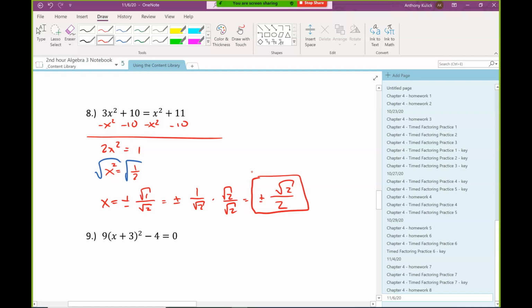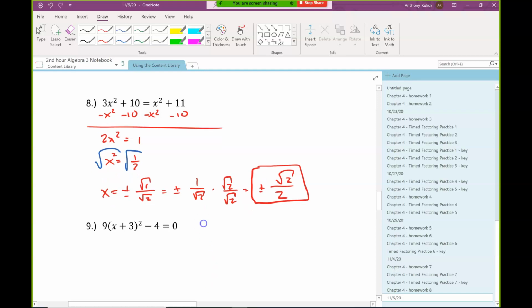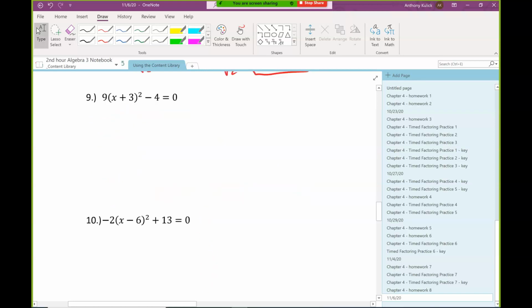Ava? Sure. I feel like those ones are a lot easier than the other ones. Okay. So number 10, we'll start, again, with reverse order of operations. So we'll subtract 13 from both sides, and then divide both sides by negative 2.